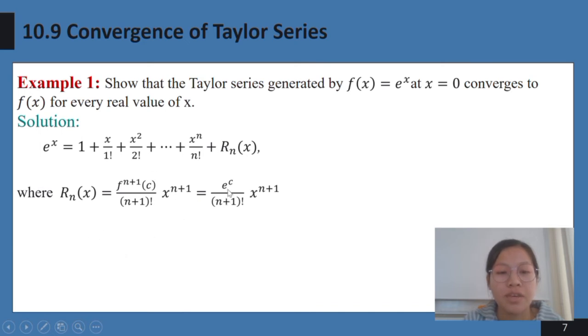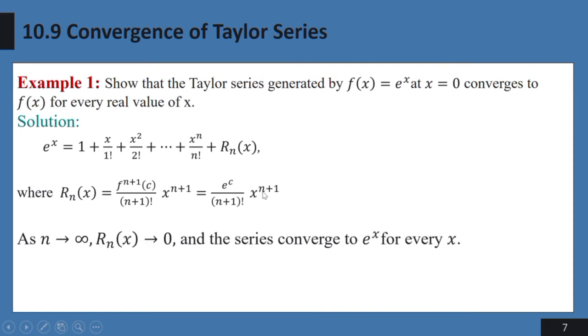And yes, if we keep taking the derivative of the function e to the x, we will still get e to the x, the same. So e to the x evaluated at c is e to the c, over n plus 1 factorial, times x to the power n plus 1.